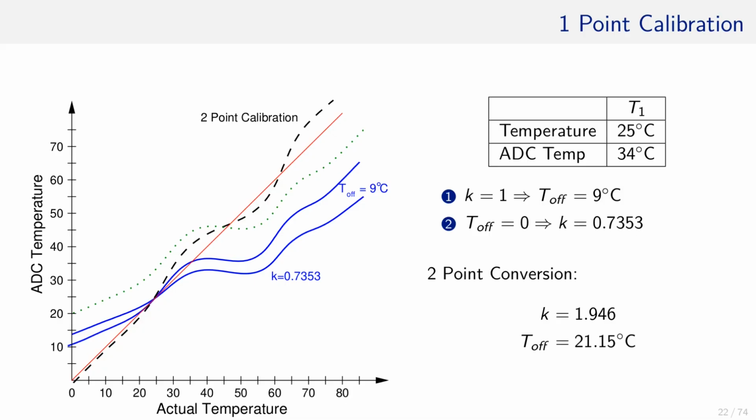In this example, it would be better to modify the offset and keep the gain factor constant, shown by this blue line. Rotating the graph results in a larger error.